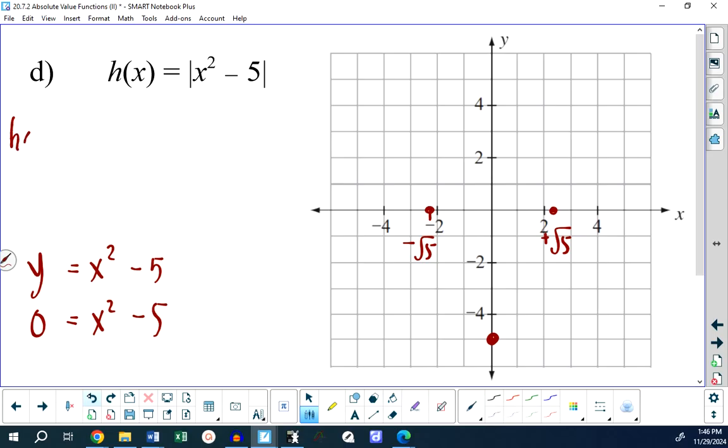that h of x will be equal to x squared minus 5 if x is greater than or equal to root 5, or if x is less than or equal to negative root 5.